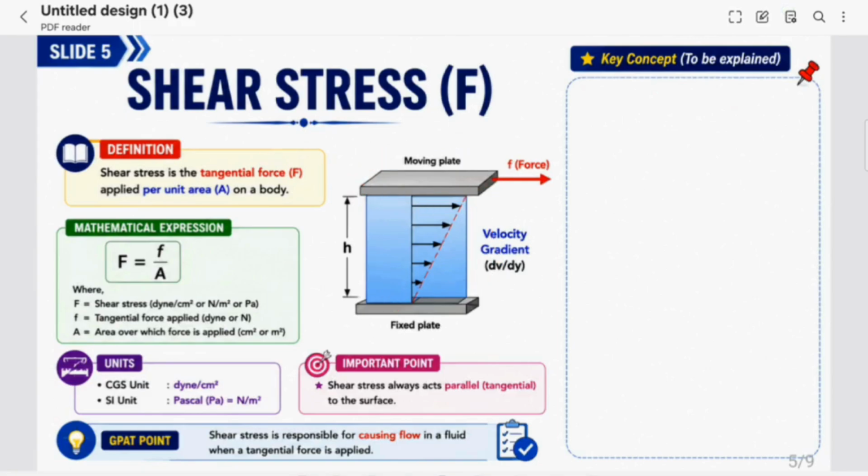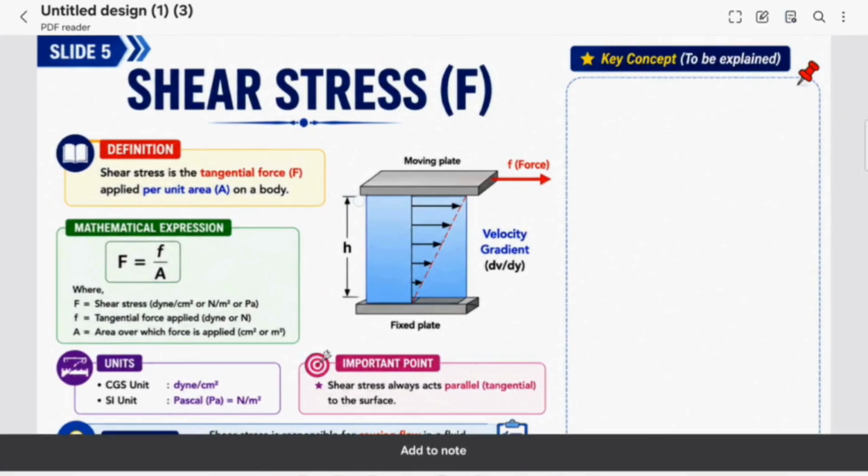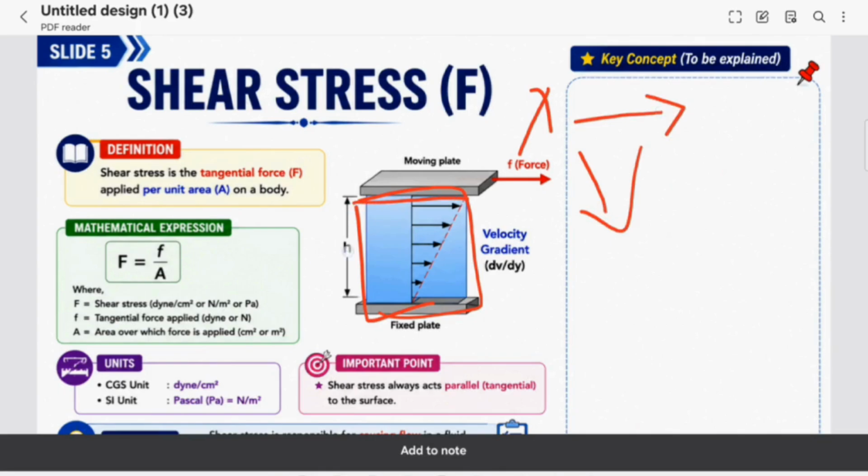The plate is moving like this, and the force acting on this plate is parallel to this surface, not in the upward direction or the downward direction, but in a parallel direction to this surface.